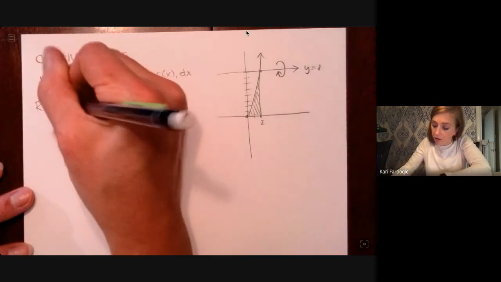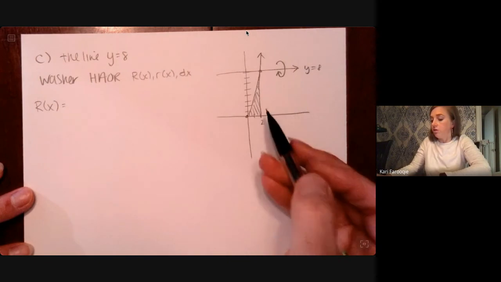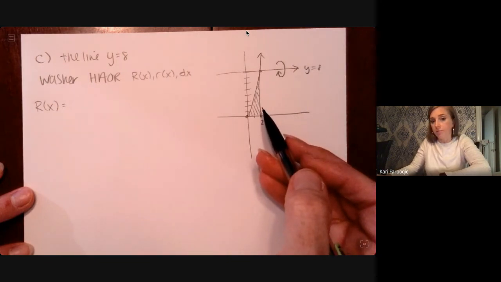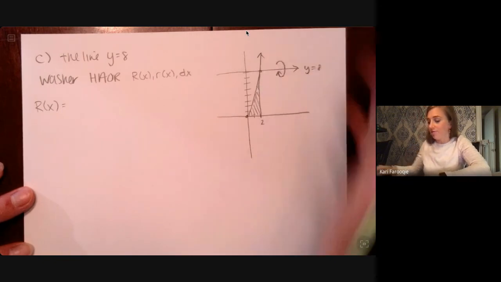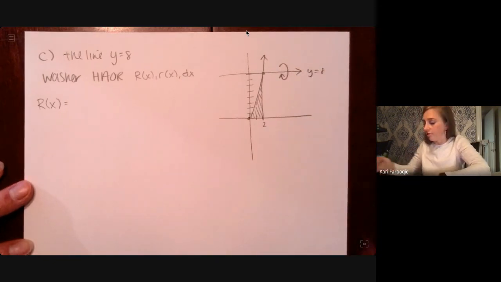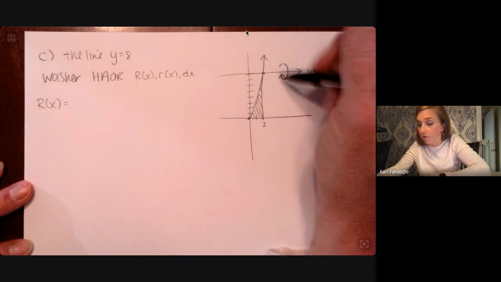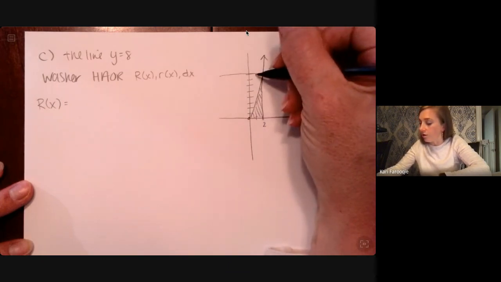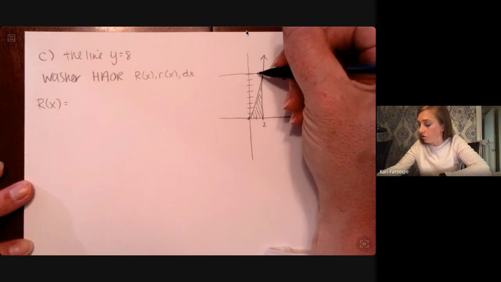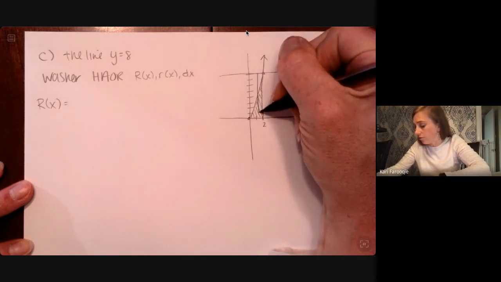So your big R of x is going to be the distance, big R of x, sorry, we're going about this one. I was thinking about this in terms of what we did on the last example, but we're moving our axis of revolution. Your radius for your big R is just going to be from the axis of revolution all the way down to the base of the figure.